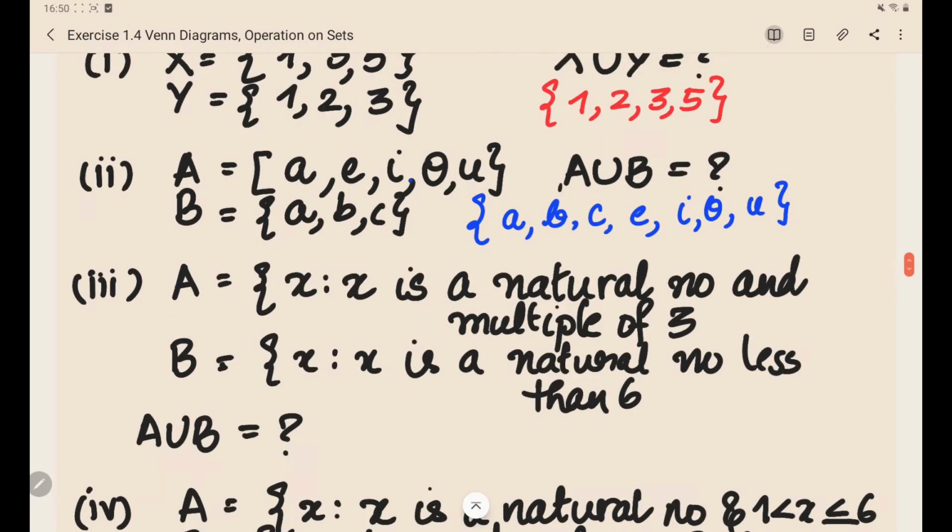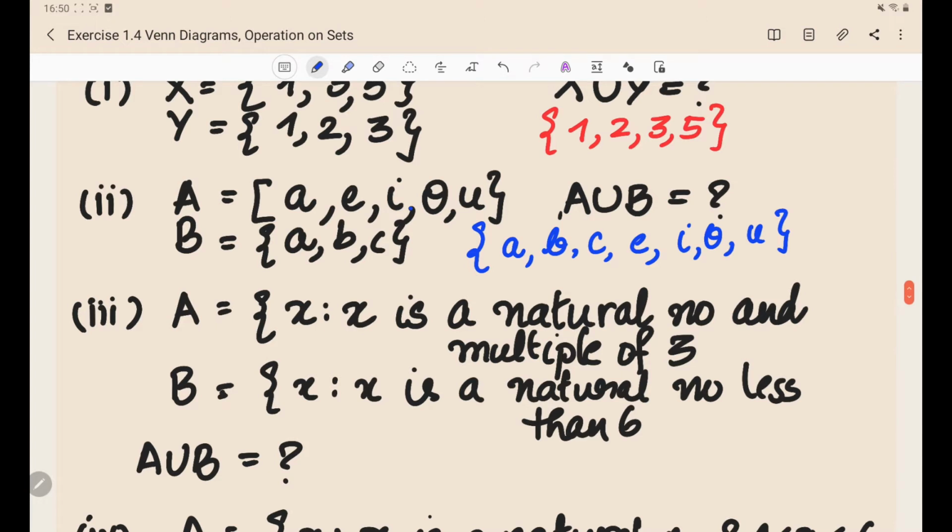Now let's discuss the third part. A is the set of x such that x is a natural number and a multiple of 3. So what are the elements of this set? 3, 6, 9, 12, and so on. It's an infinite set because x is a natural number, and the set of all numbers in the natural number set is infinite, right?